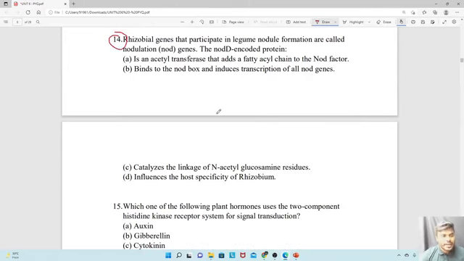Question number 14. The 13th question was not completely typed, it's a wrong question. Question number 14. People are leaving. Come on, friends, be patient. It's a very simple question.